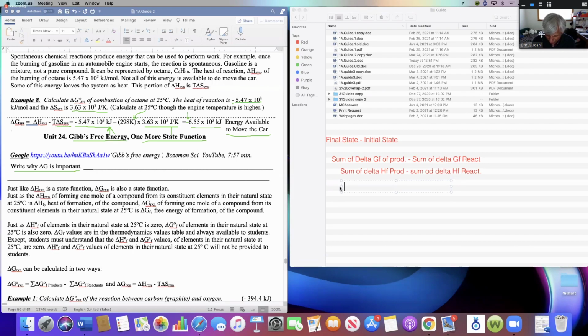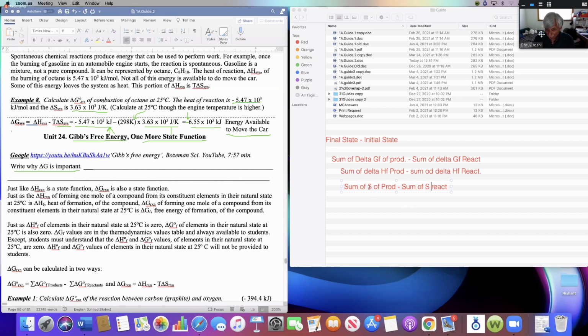So delta S for the reaction would be the sum of the entropy of the products minus the sum of the entropy of the reactants.